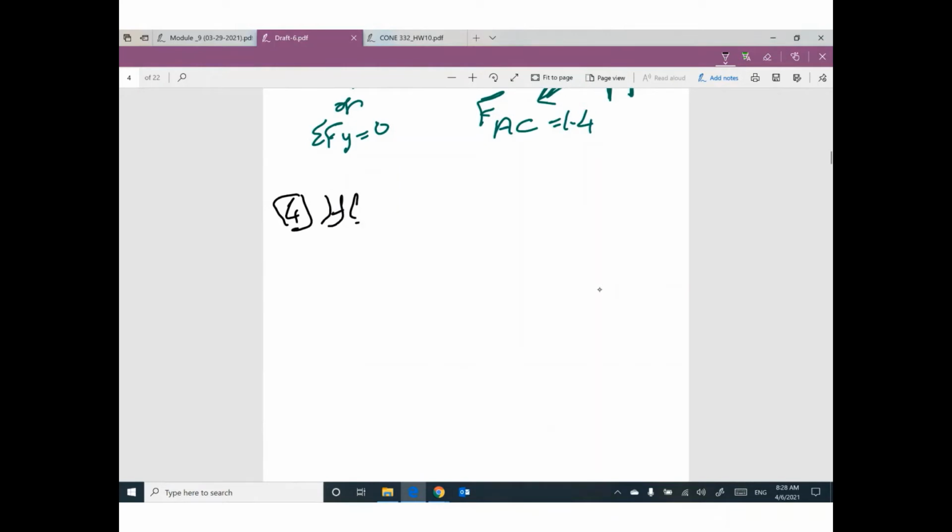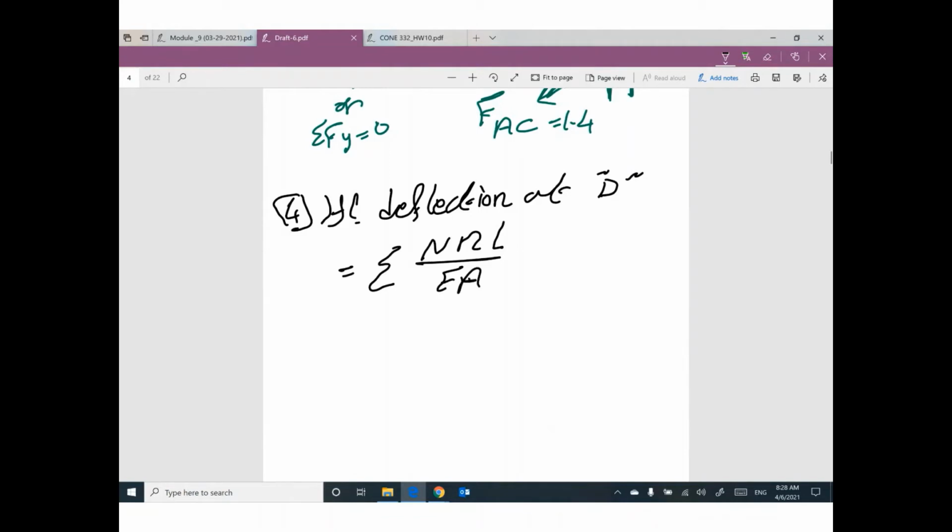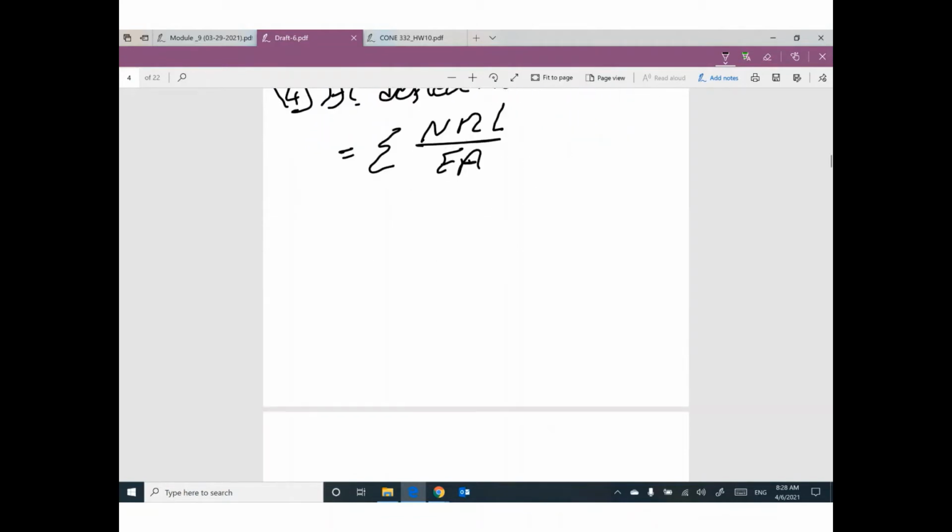horizontal deflection at D that we are looking for equals summation capital N small n times L divided by EA, and we will set up a table.